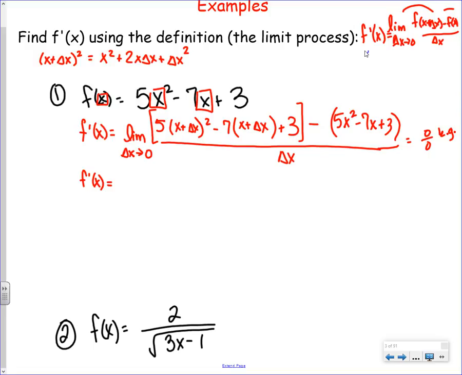First, outer, inner, last. I just spoiled it. So I have x and Δx, and I have Δx and x. They're the same guy. So 1 plus 1 is 2.